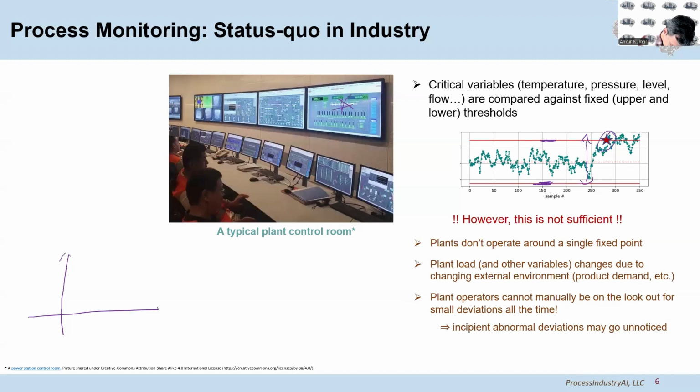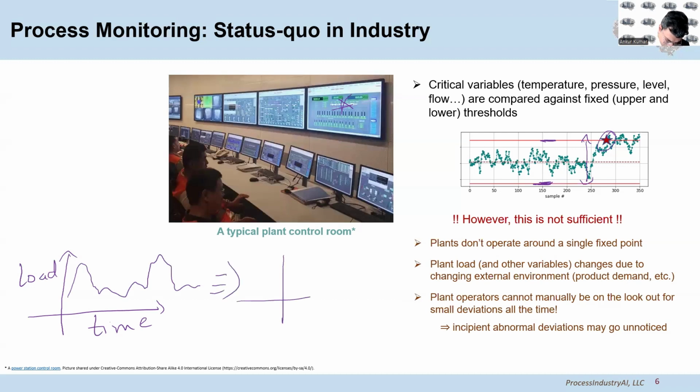Imagine that your plant load is showing significant fluctuations. These are normal fluctuations, right? And because of this, your plant variables, let's pick any temperature, will show some correlated variations.